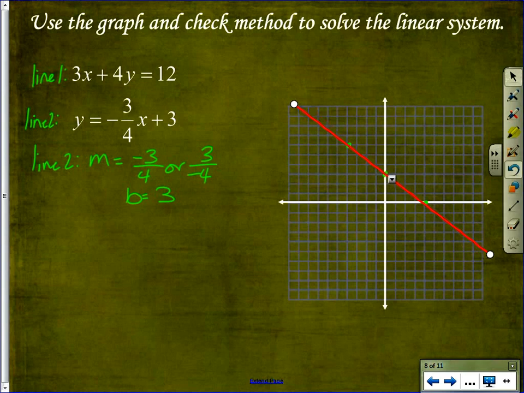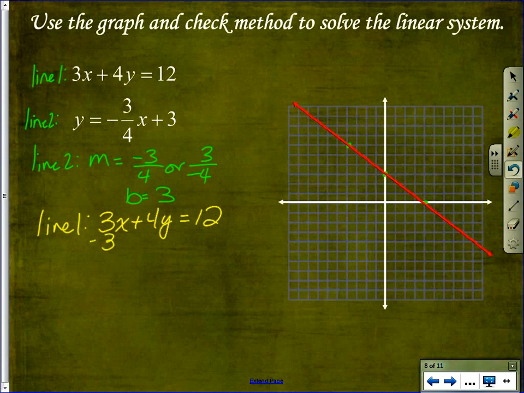I did line 2 first because it's already in the right form, and it's easy to do because it's in slope-intercept form, right? Okay, so if we do line 1, now I have to solve. So subtract 3x, and I get 4y equals -3x plus 12.